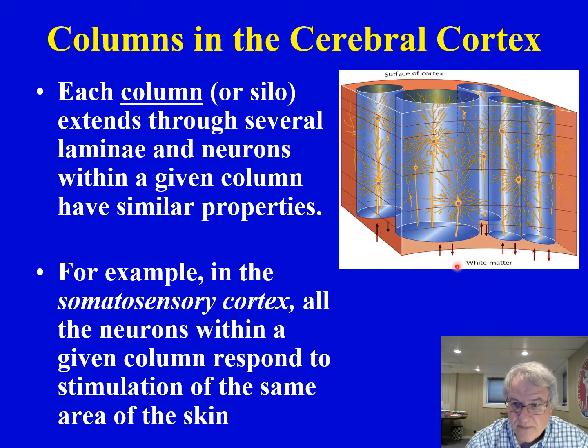Here's our white matter here. Here's these columns, these silos. As an example, in the somatosensory cortex, all the neurons in a given column respond to the same type of stimulation, the same area of the skin.